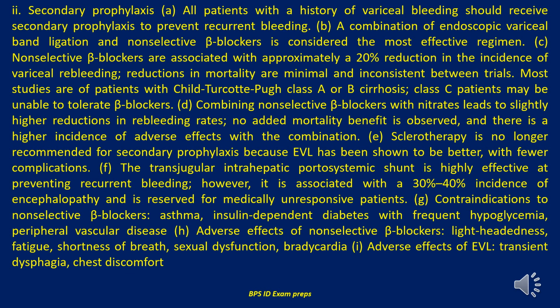Contraindications to non-selective beta blockers include asthma, insulin-dependent diabetes with frequent hypoglycemia, and peripheral vascular disease. Adverse effects of non-selective beta blockers include lightheadedness, fatigue, shortness of breath, sexual dysfunction, and bradycardia. Adverse effects of EVL include transient dysphagia and chest discomfort.